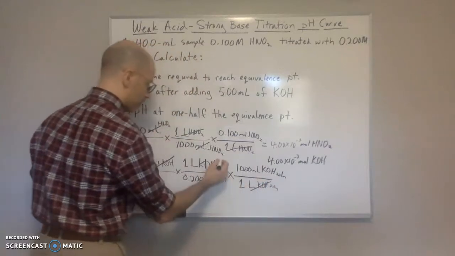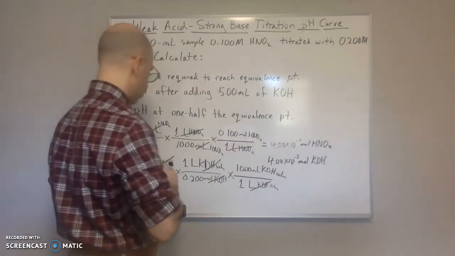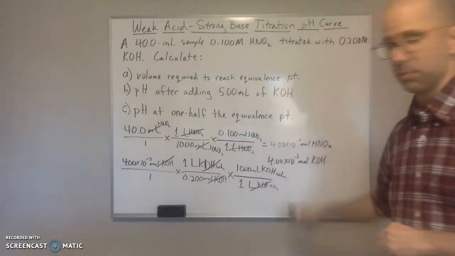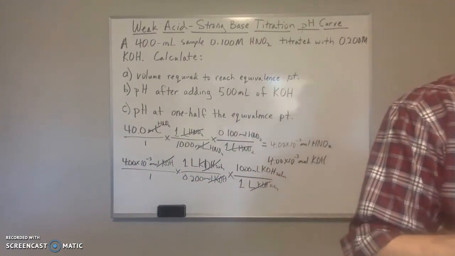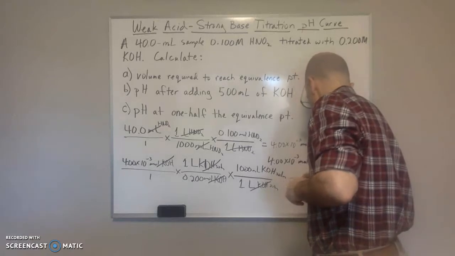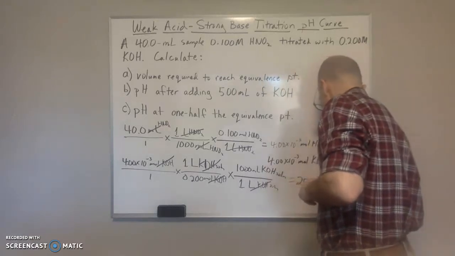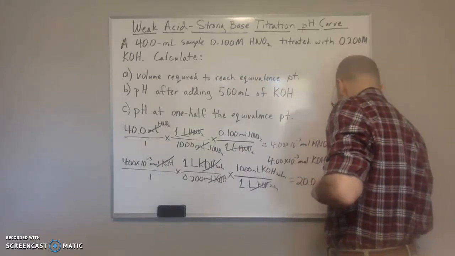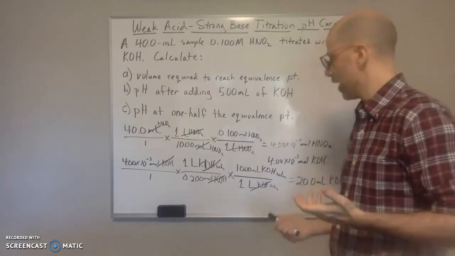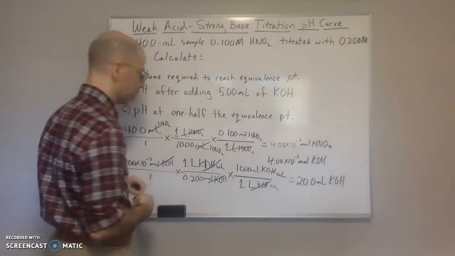So liters cancels out, and now all we need to do is calculate the number of milliliters, and when we calculate that out, it comes to 20.0 milliliters of the KOH solution. Okay, so that is part A.